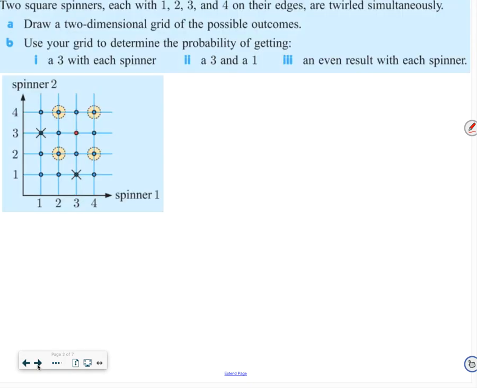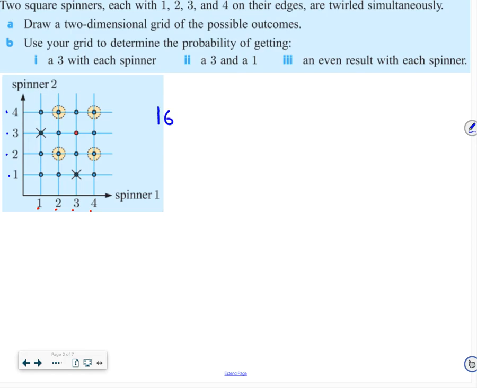Looking at an example here: two square spinners each have 1, 2, 3, and 4 on their edges and are twirled simultaneously. Draw a two-dimensional grid of the possible outcomes. We can see spinner 1 getting a 1, 2, 3, or 4, and spinner 2 getting a 1, 2, 3, or 4. By multiplying, we have 16 total possible outcomes.